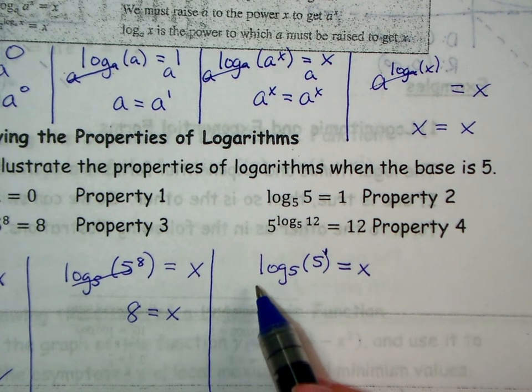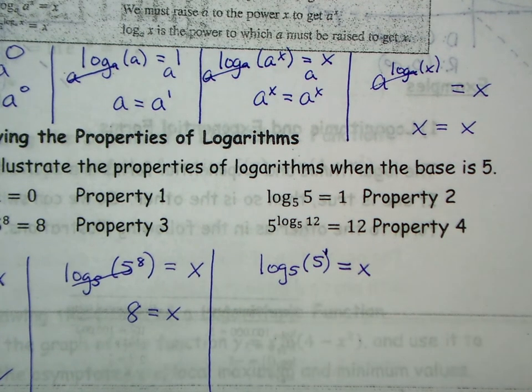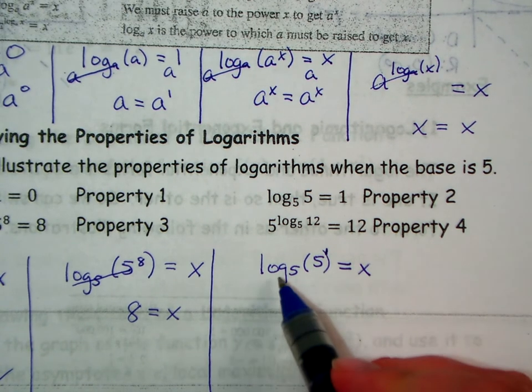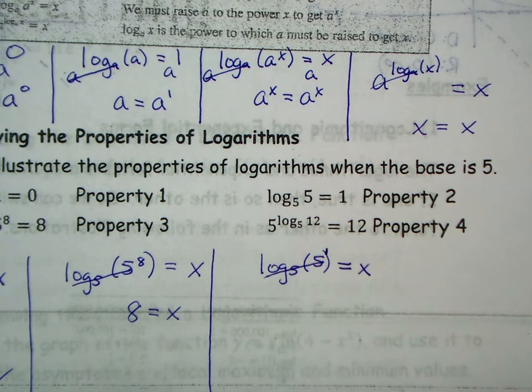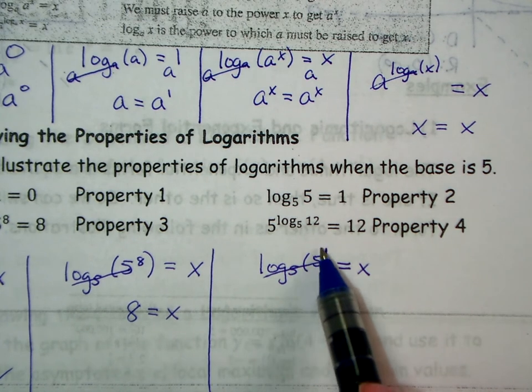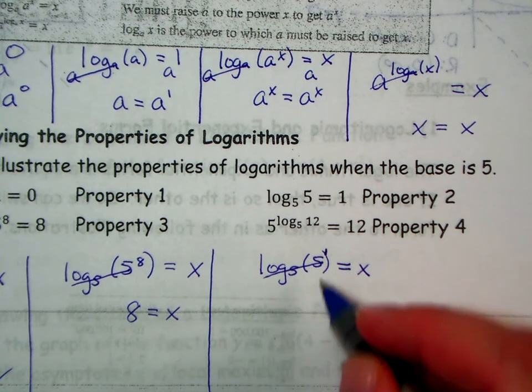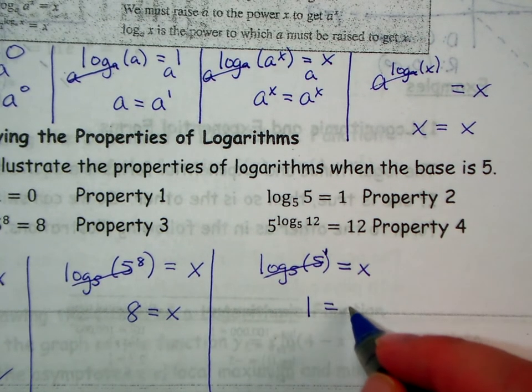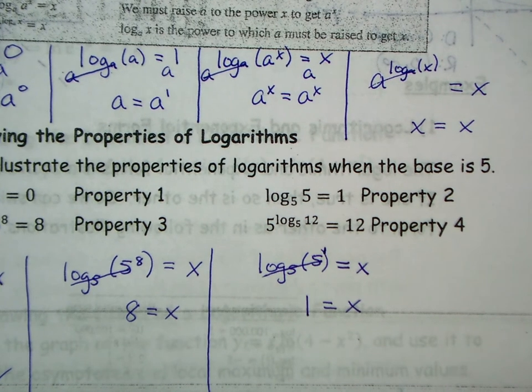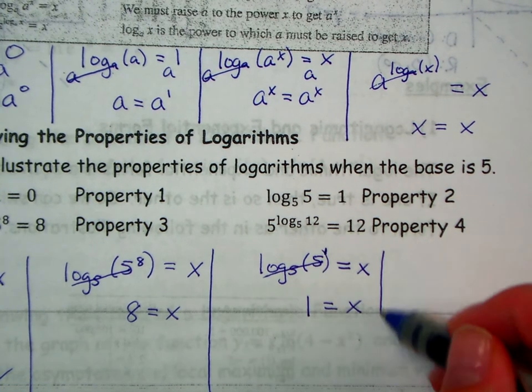So I have a logarithm and an exponential right next to each other. The exponential is inside the argument of the logarithm. We can let these cancel. Now be careful, because when you let these cancel, you get the power, and the power of 5 was 1. And so we get an answer of x equals 1.